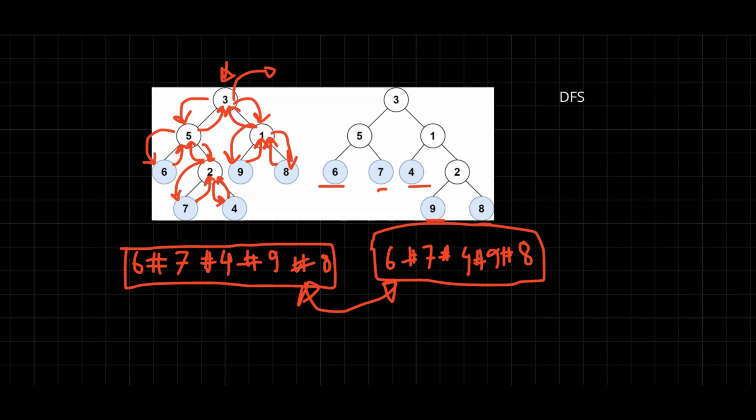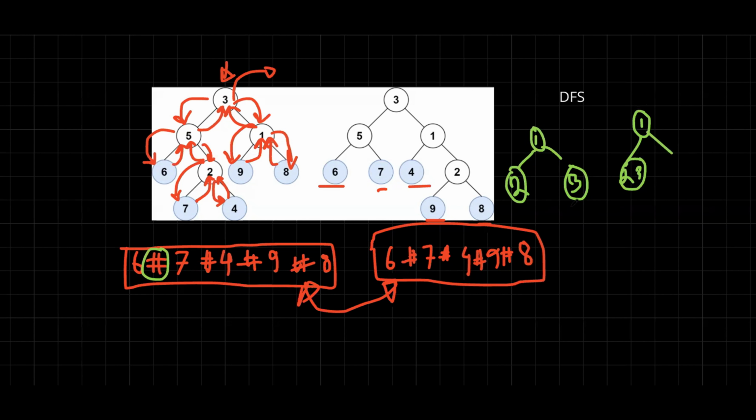Now the question is why we use this separator hash. Suppose, let's assume, it is the tree where the root is 1 and its two children are 2 and 3. And here the root is 1 and its child is 23, which is the left child, but it does not have any right child.